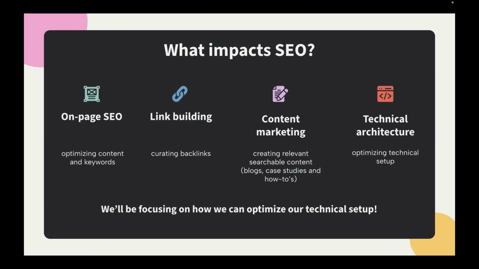This can come in forms like blogs, case studies, and how-to guides, and this is really what a lot of your content marketers are going to be focusing on. The last one, which is also what we're going to spend most of this talk on, is your technical architecture. This is about optimizing your technical setup to enable all of your content, ensuring that you're not getting penalized for your SEO.